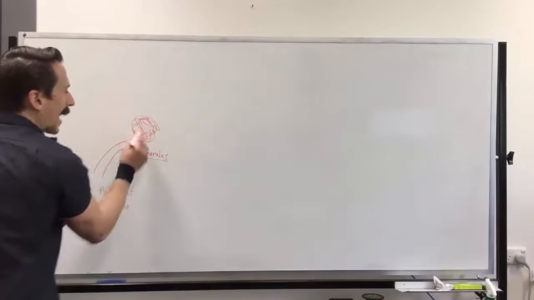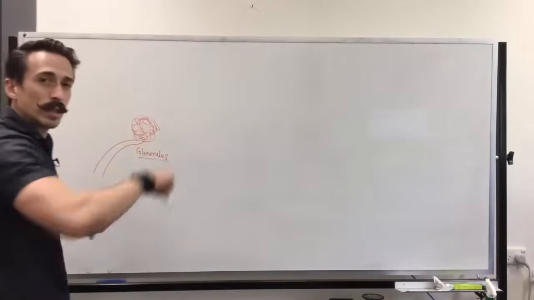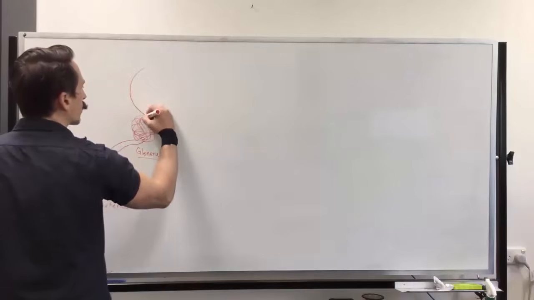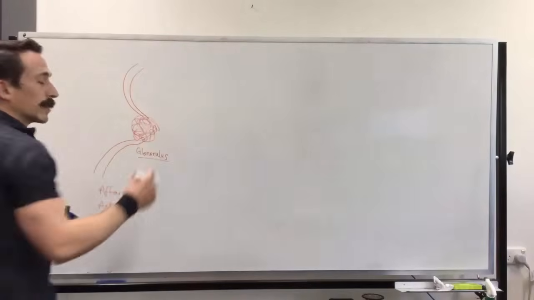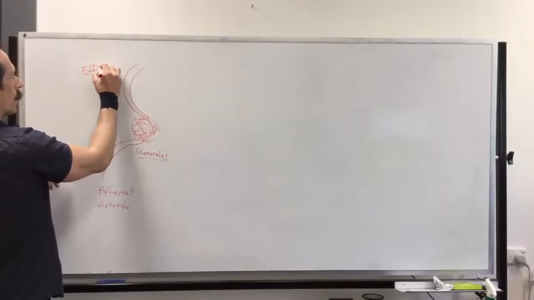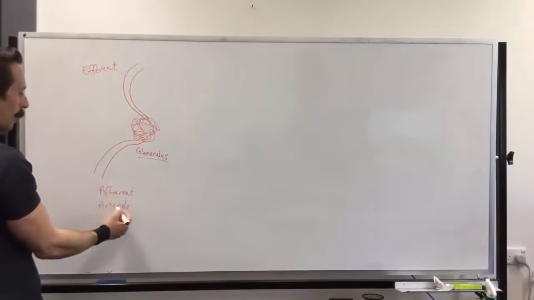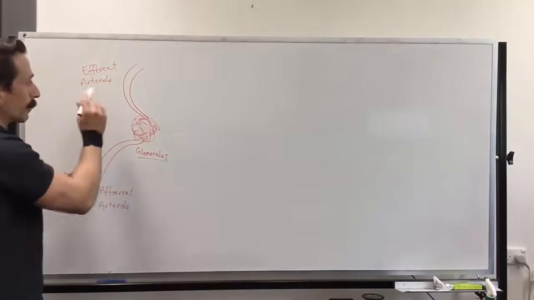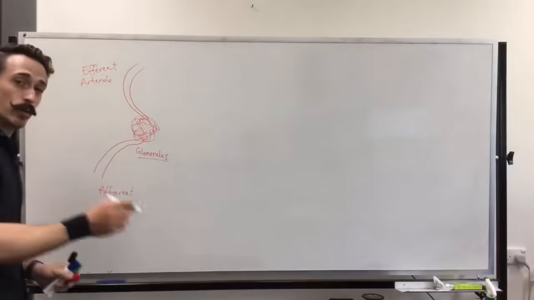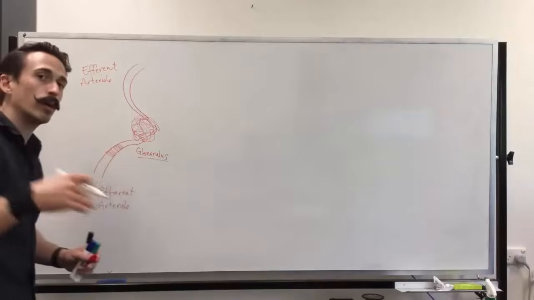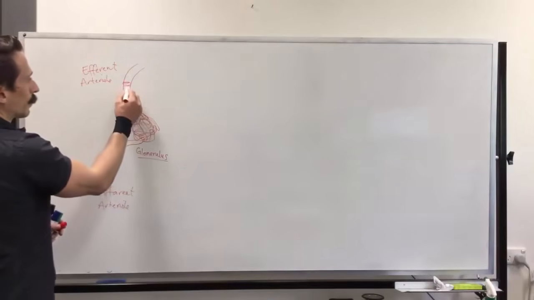Now, on the other end of this twisting and turning looking bit of blood vessel, we've got another blood vessel that comes out, and this blood vessel that comes out is called the efferent arteriole. So we had the afferent arteriole coming in, and we've got the efferent arteriole going out. Now, one thing to remember here is that they're not capillaries. They are arterioles, which means they have huge amounts of smooth muscle around them. That's going to be important for future concepts.